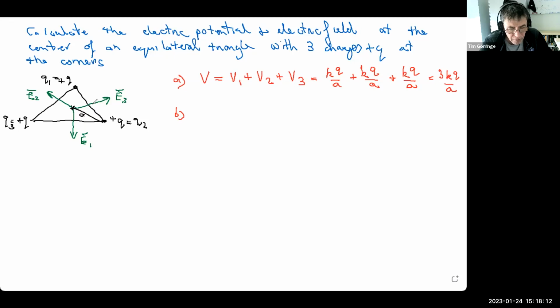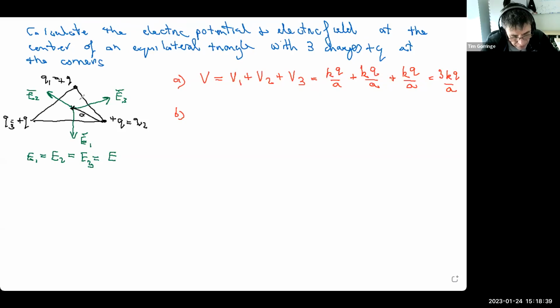They'll all correspond to a field point that is an equal distance A from those 3 charges. So all these fields have the same strength. So I'll write that as E1, its magnitude, equals E2, its magnitude, equals E3. And I'll just call that size simply E. So the sizes are all the same.